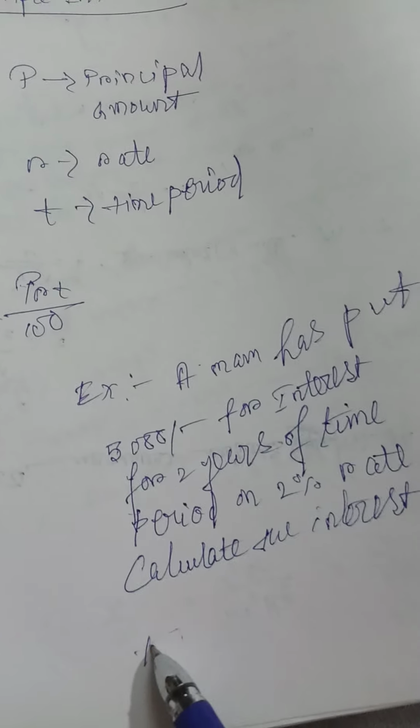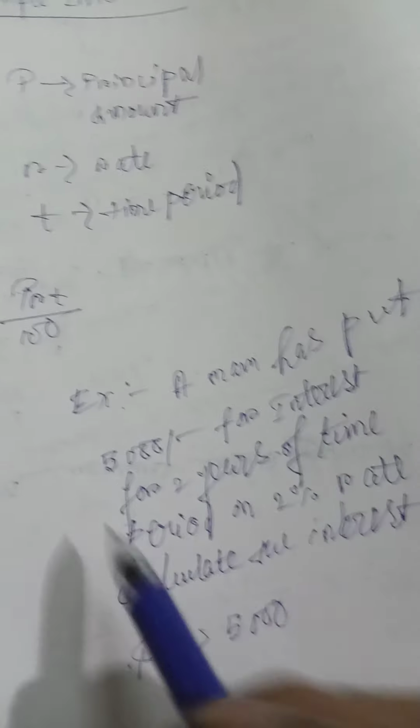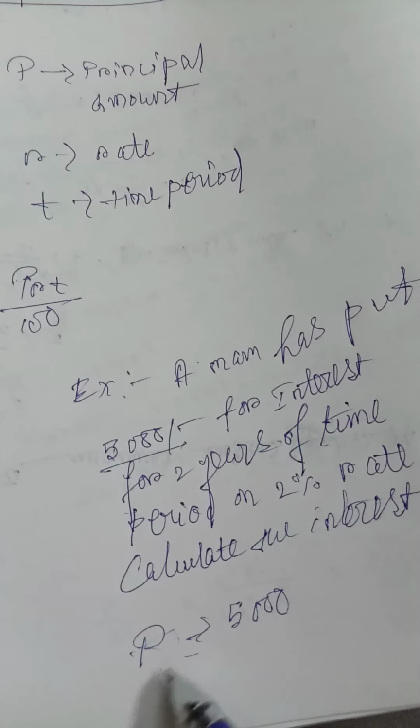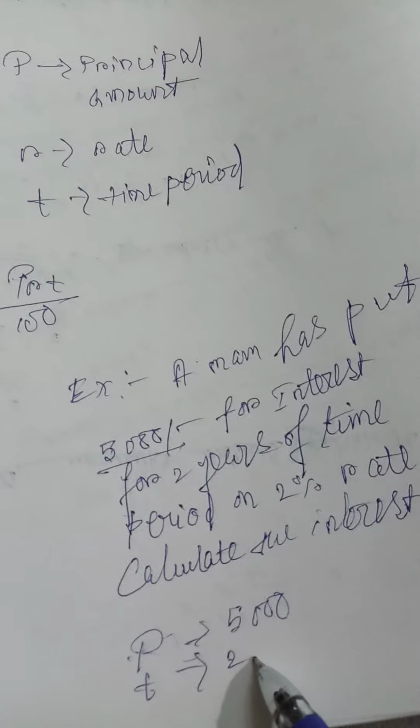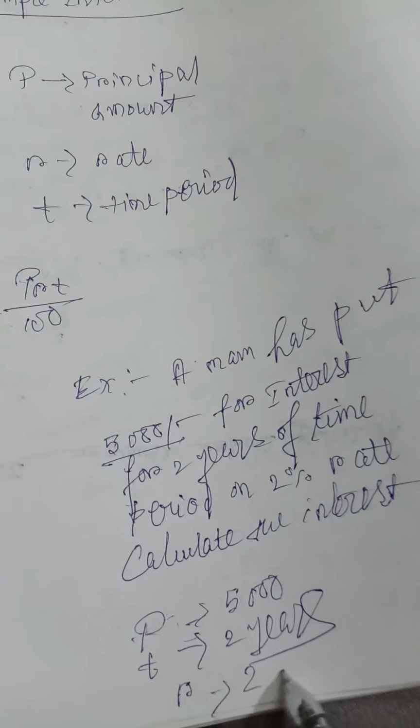How can we do that? P is here 5,000, T is 2 years, and R is 2%. Then the problem becomes in this way.